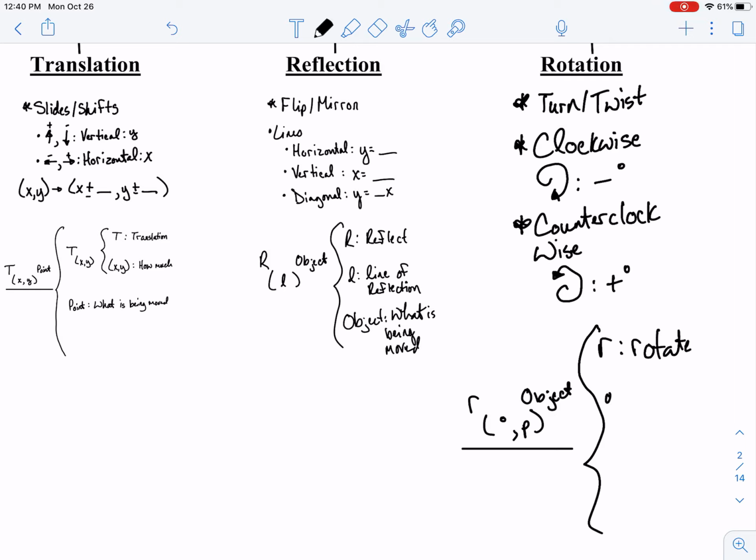The degree amount tells you direction and how much.